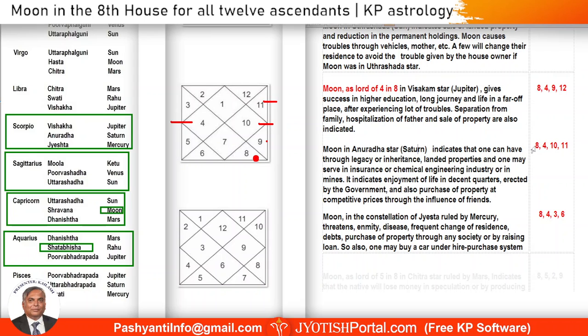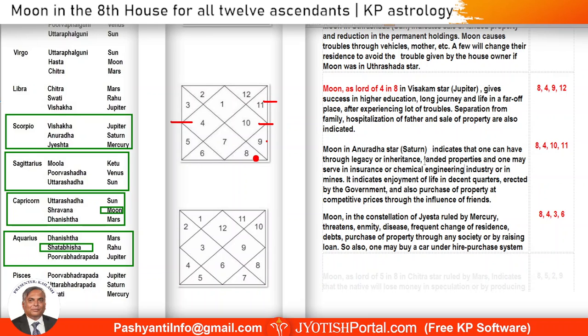So since the eighth house is joining hands with the 10th and the 11th house, that's why the insurance, and the eighth house indicates, apart from the insurance, many other things like estate duty or the inheritance, which I think is already mentioned, like legacy or inheritance and all that.